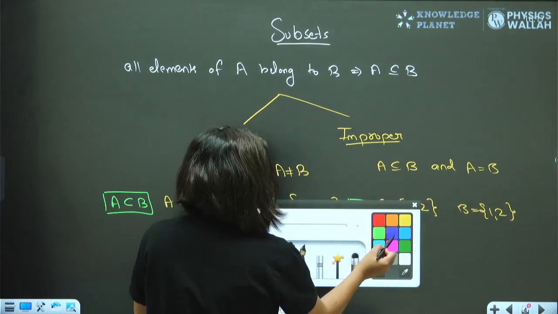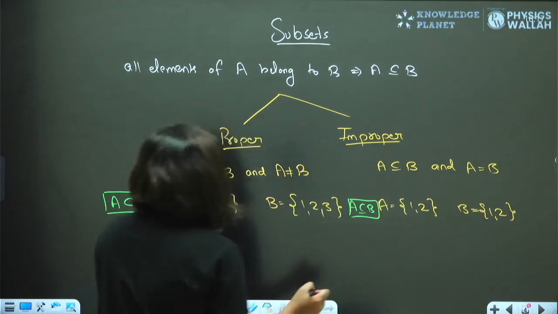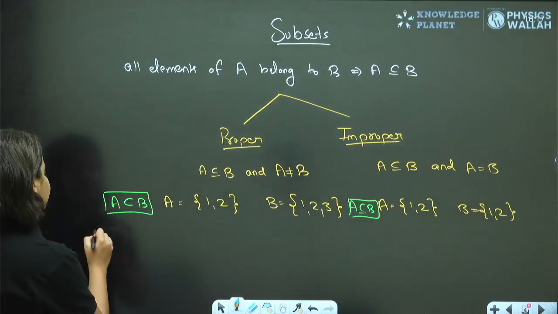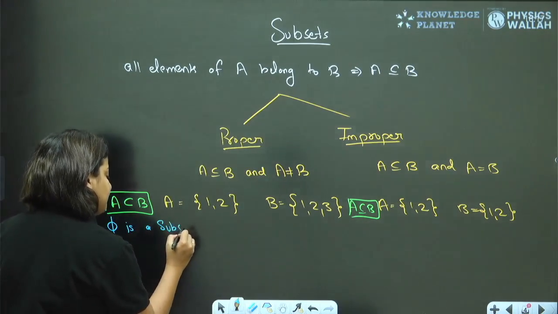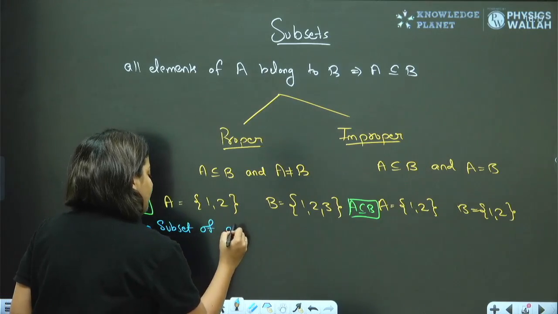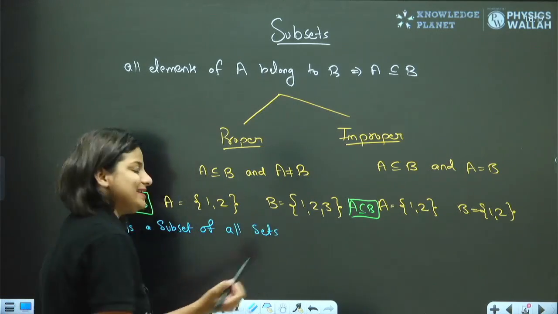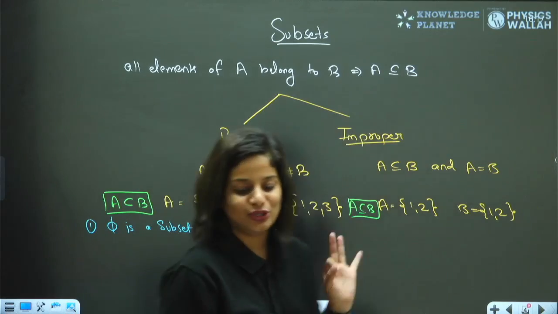Some pointers, guys, that we must know related to subsets. First, phi is a subset of all sets. Remember, for any set, one of the subsets is fixed, which is the null set, phi.